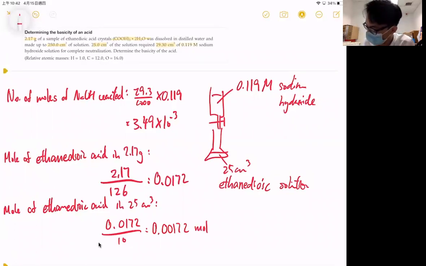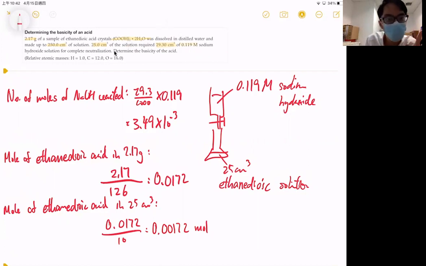Okay, so now we are going to find the basicity of the acid. It means that we want to find how many ionizable protons will be ionized from the molecule. How can we calculate it?